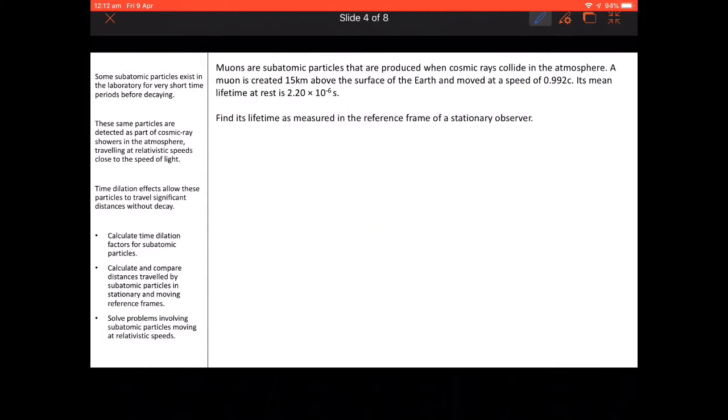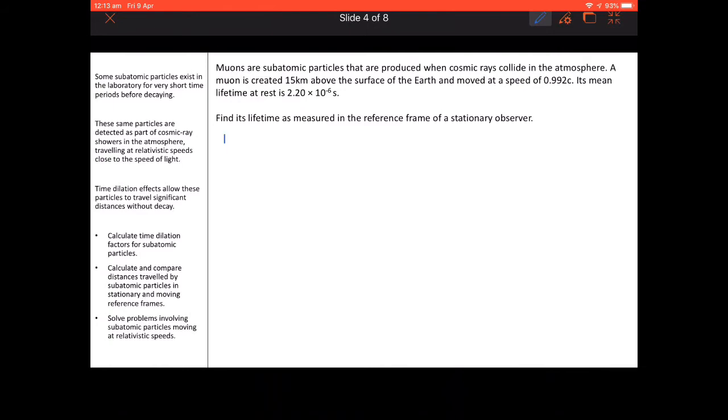So the next thing that we have to find is the muon's lifetime as measured in the reference frame of a stationary observer. So this is where we use our time dilation equation.